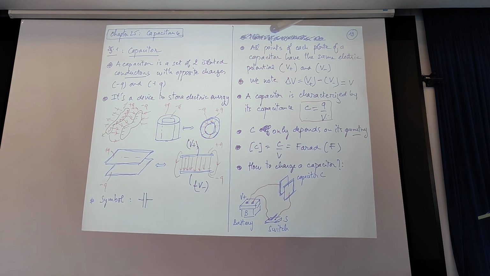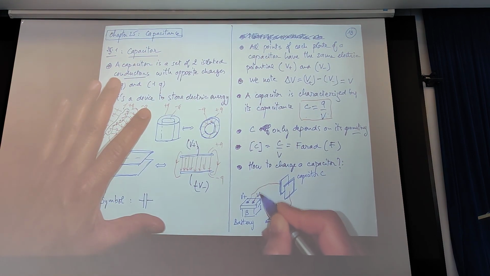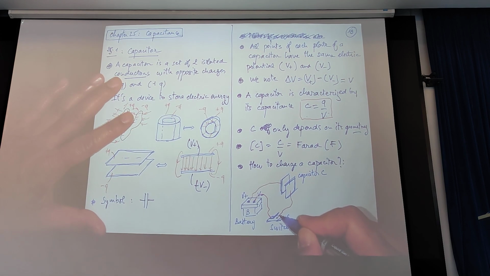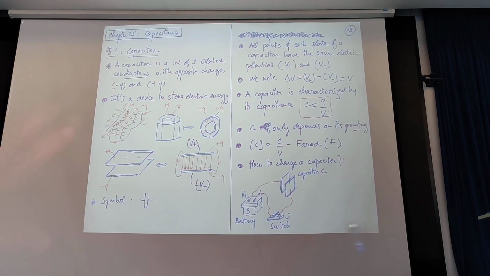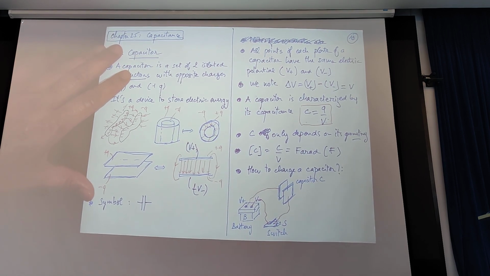Okay, so of course you can understand that if we switch on the switch, then the current will be able to run in the circuit, and then at the end we have the potential V plus here, and of course V minus here.